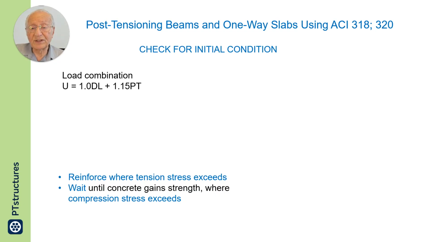The load combination is not given in the code, but the common value is this: 1 times dead and 1.1 times post-tensioning, assuming live load is not there yet and the post-tensioning is more than what is in the previous design, because the losses due to post-tensioning have not yet materialized.